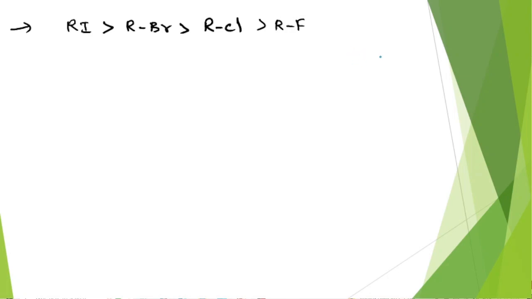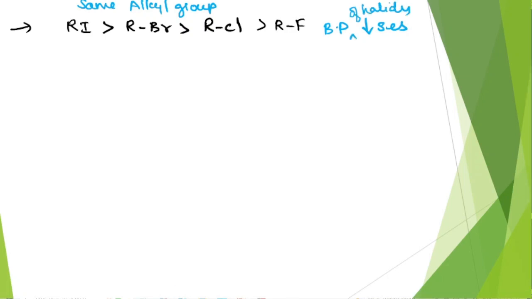So for the same alkyl group, the boiling point of halides decreases in this order. This is the order you have to remember. The reason is also important to remember here.